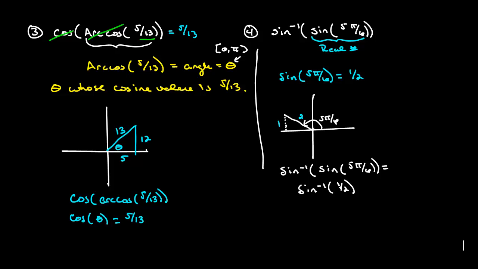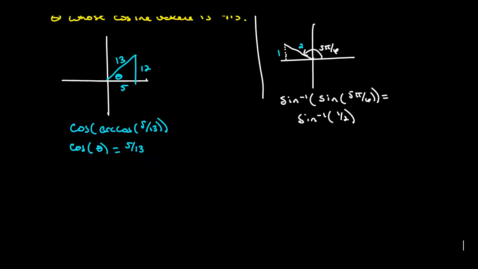Now here's where we have to be careful. Arc sine is only defined in these two quadrants, quadrants 1 and 4, for its range. Its output is only defined over here. We only take acceptable values in here. Not the domain, the range is only defined on this piece.